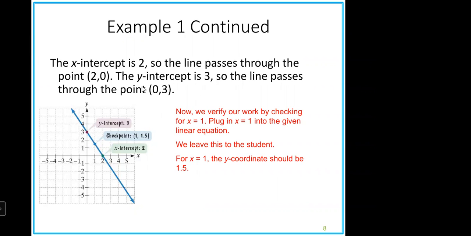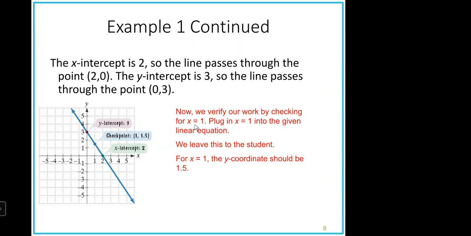All right. So now you can always verify if you want to do a check. They choose to use a check here. They use 1, and if you go from 1 on the x up to the line and go across, that's just about 1.5. So you can verify your work by checking.